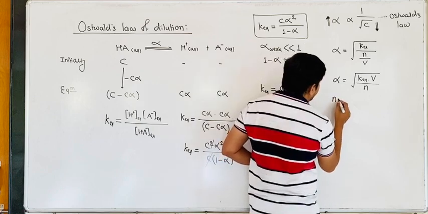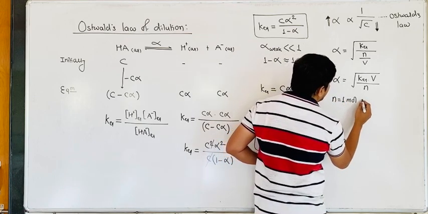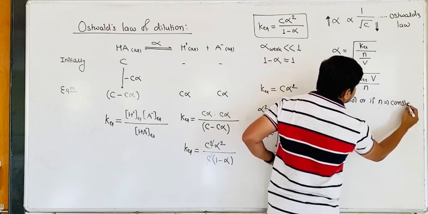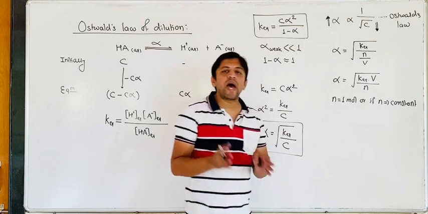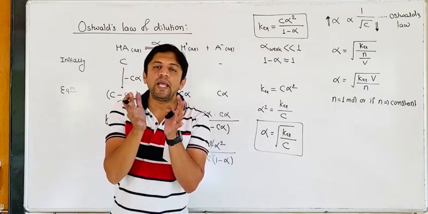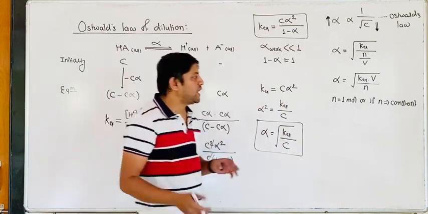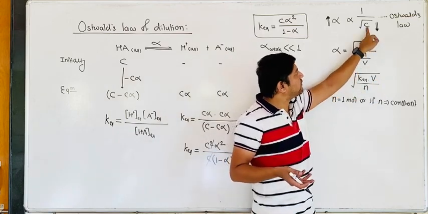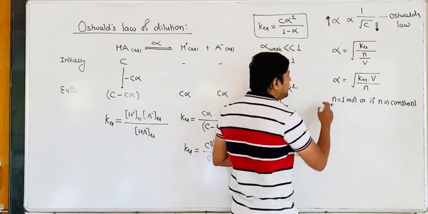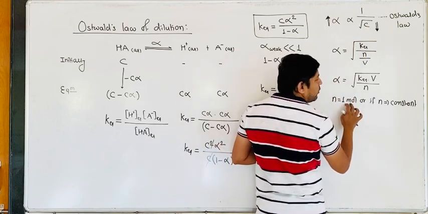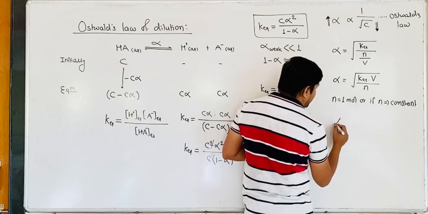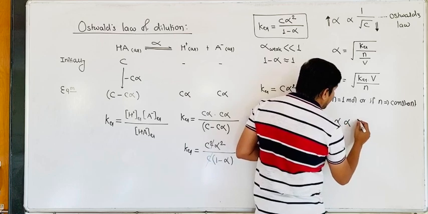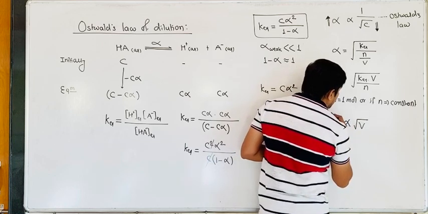If number of moles are constant, that means we are not changing moles of electrolyte. What we are changing now? Volume of solution. If volume of solution is changed, its concentration is changed. When n is equal to 1 mole or n is constant, we can say that degree of dissociation of weak electrolyte alpha is directly proportional to square root of volume of solution.